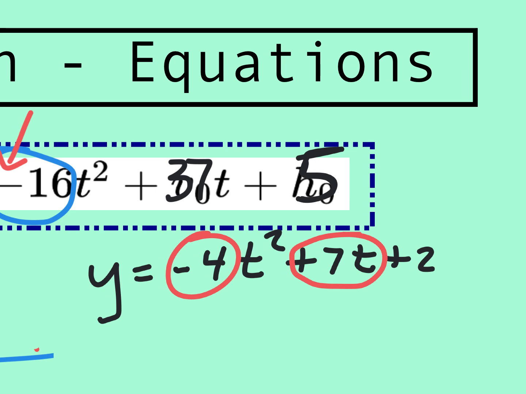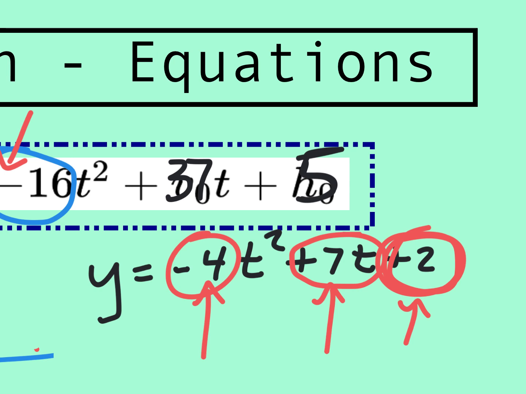Come on, learn it from the other one. 7 tells you something. It's the velocity. That's how fast you threw the ball. And what's the last number? Starting height. You only started 2 feet off the ground. They must have been a really short person, or maybe they were kicking the ball or something. Okay, so this is the start height. This is the velocity, and that's the gravity. And it'll almost always be 16 because that's just a standard number we use for the gravitational constant.